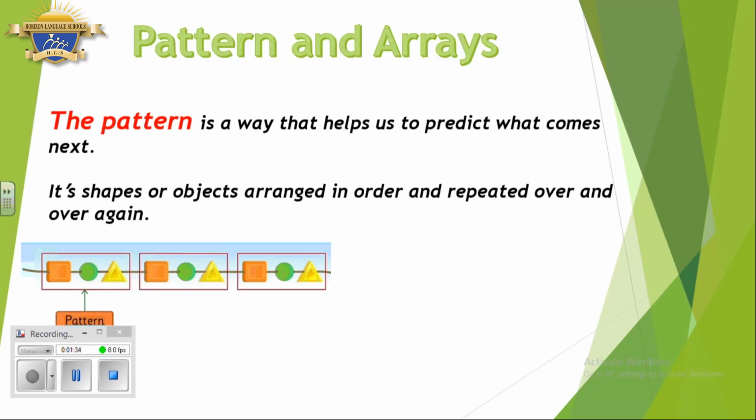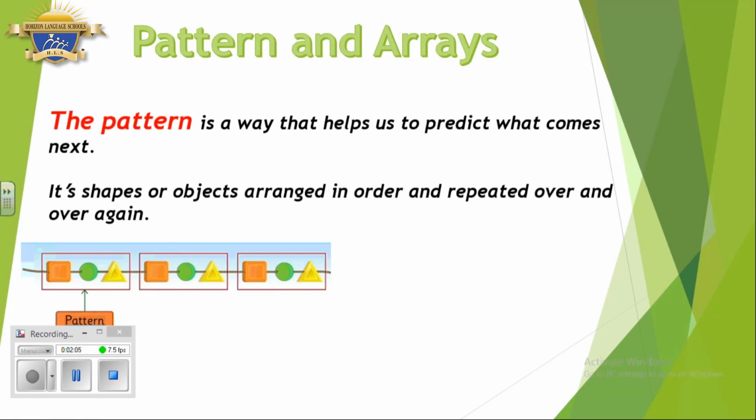Can you see the shapes in this pattern and think about what the next shape will be based on what you notice? Excellent! We notice that the orange square, green circle, and yellow triangle set of shapes is repeated again and again, more than one time.